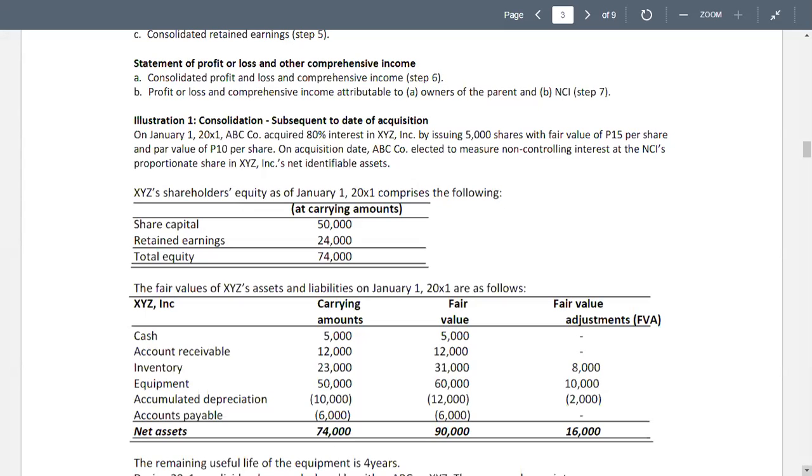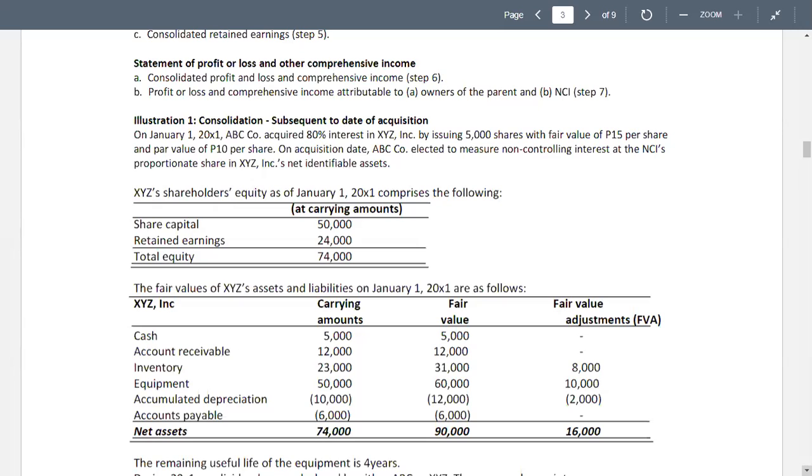Then we have the equipment with cost or carrying amount 50,000. The fair value is 60. That's why we have the fair value adjustment of 10,000. Whereas the accumulated depreciation based on the carrying amount is only 10,000, meaning it's 20% of the carrying amount. So if the fair value is to be used, the accumulated depreciation is 12,000.